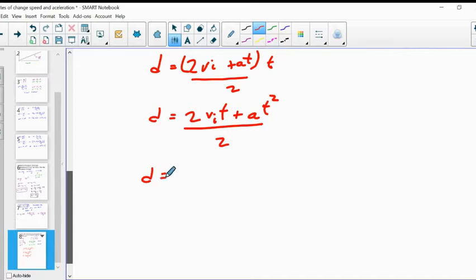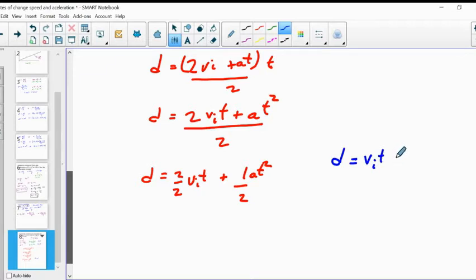So we have that the distance or displacement, and we're going to divide both the variables here by 2. So this is going to be 2 divided by 2 VIT plus 1 AT squared divided by 2. So we're going to end up with this new kinematic 3 equation for displacement. And I'm not going to write 2 over 2, that's just 1.